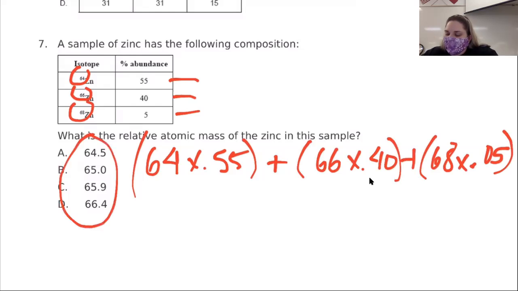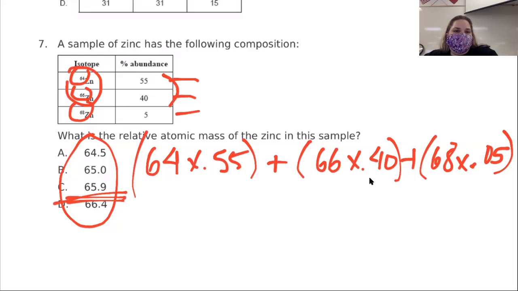However, we could kind of guesstimate, okay, based on the numbers. So if you look, most of the mass is 64 and 66, right? Like 95% of it's in there. So I would say since it's mostly 64, but somewhat 66, I don't think it would be D because that's too far above 66.